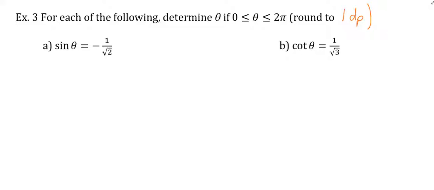There's no rule to this. What would you do first? I would look at my special triangle and find the angle that relates to what I'm doing. So which of the two triangles has a 1 and a root 2 in it?